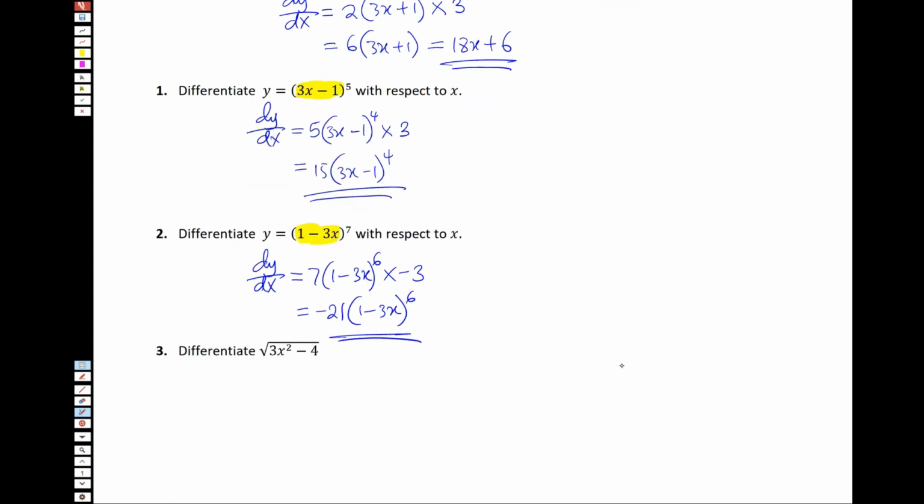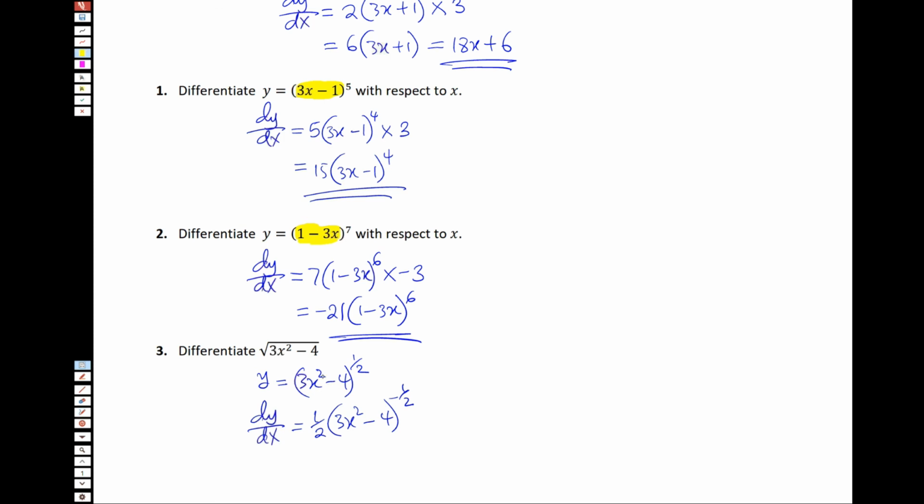Again, the same approach can be applied in the next question. Basically in the next question, you can rewrite it so that y will be equal to (3x squared minus 4) to power a half. And therefore, dy over dx will be equal to a half into (3x squared minus 4), and then a half minus 1, that will be negative a half. And therefore, that is the outside.